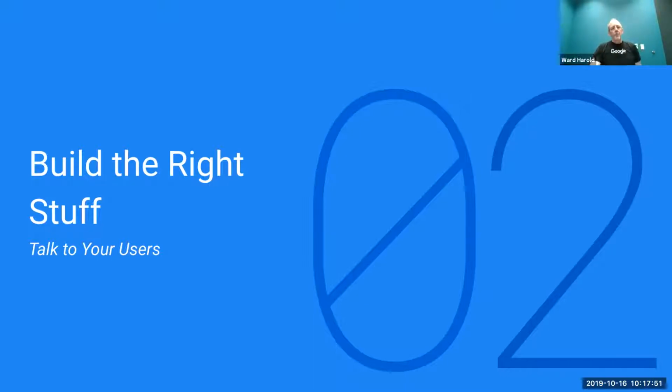Okay, so more important is actually building the right stuff. And the subtitle there, talk to your users, I mean that literally. A lot of people, when they write code, I don't know how astronomers are, but I know programmers, computer scientists tend to be pretty introverted, pretty private people, and they don't actually like talking to users.